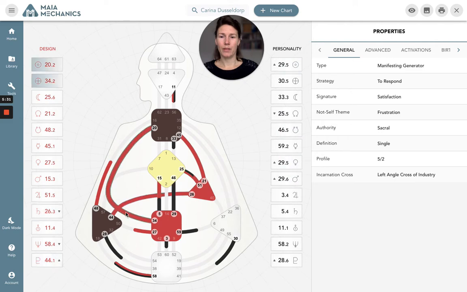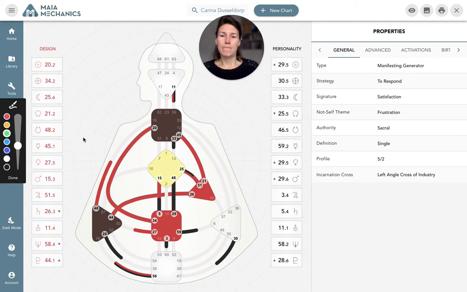So you can say that they're highways or roads, whatever you want to call it, but they connect the centers, and that is what makes them colored in, because these pathways, these lines, the channels that we call in human design, they actually connect both energies of the centers, of the energy hubs, so to speak. That's what you also can call the centers.